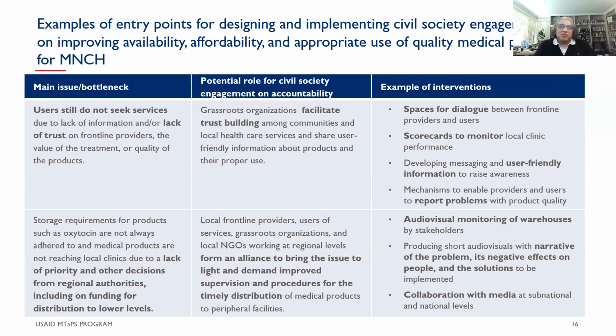So that's another example where more technical assistance is not going to solve that bottleneck, because it's basically an authority deciding whether or not to give priority to them, okay? So that's another example when social accountability can also be very effective. The last one, please.